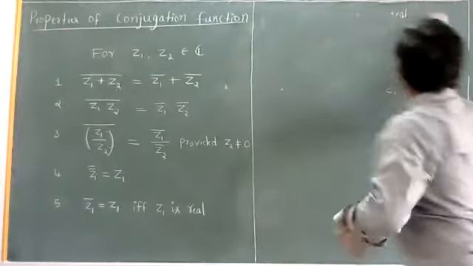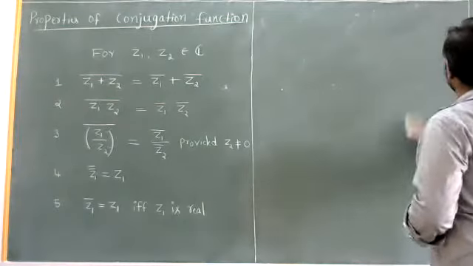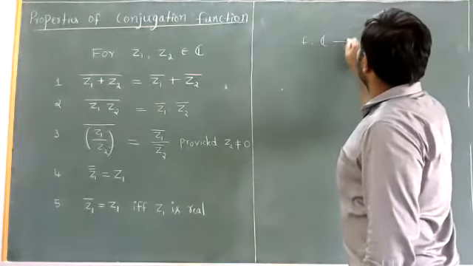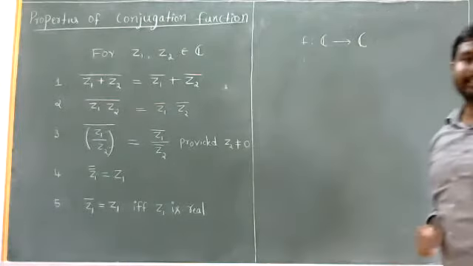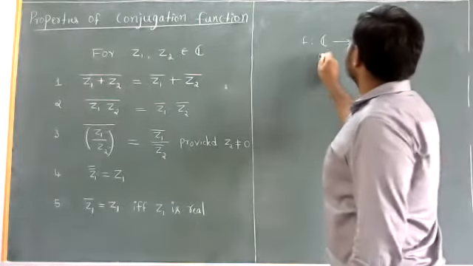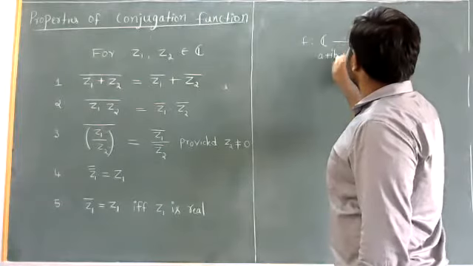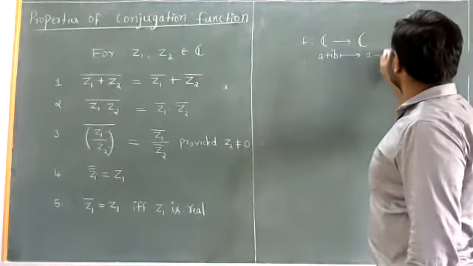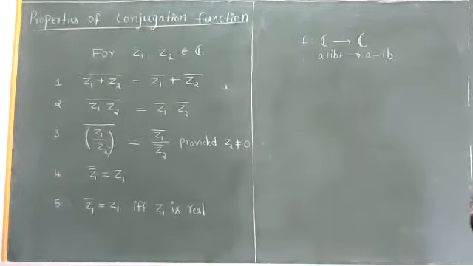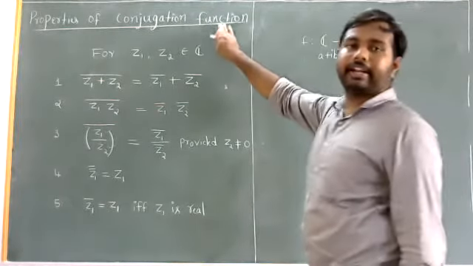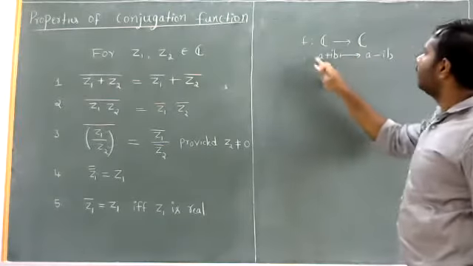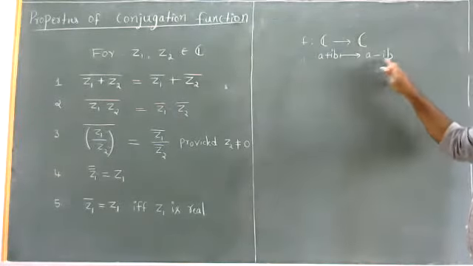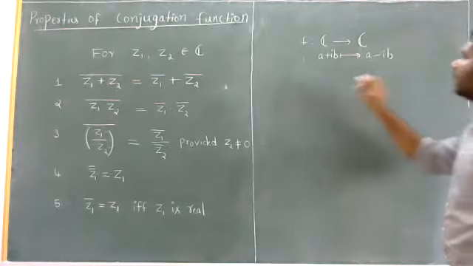Now we have a function from C to C, right, which is defined in this way: a plus ib is carried to a minus ib. That is the conjugate function. It carries every complex number a plus ib to a unique complex number which is defined by a minus ib.